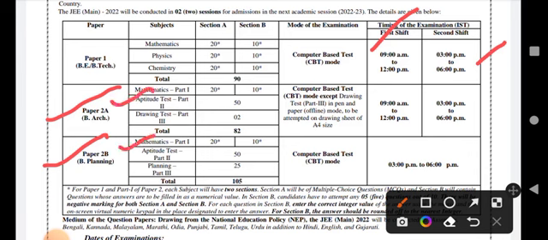You need to choose any one of them. For Paper 2A, the syllabus has mathematics part 1, and additionally aptitude and the drawing test. For Paper 2B, you have mathematics part 1, aptitude test part 2, and also planning part 3. For Paper 2, you have 82 marks, whereas for the other one it is 105.